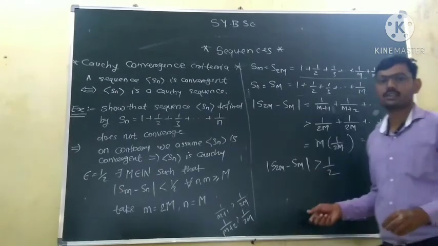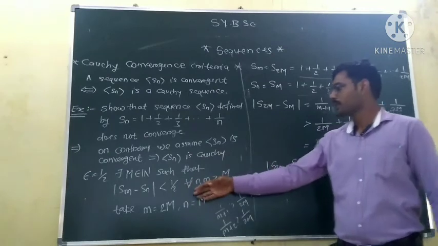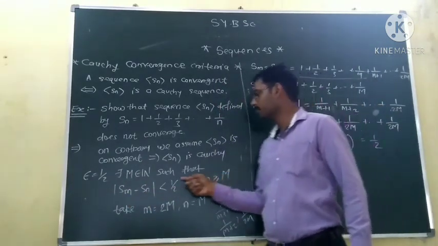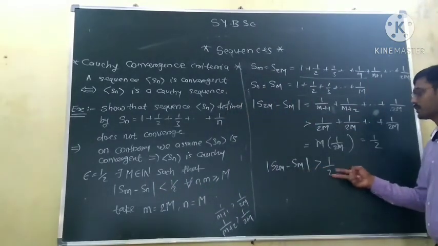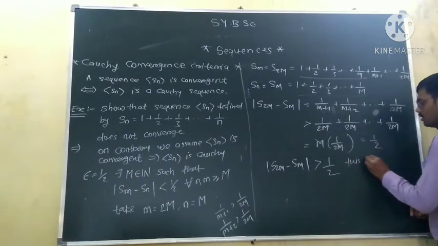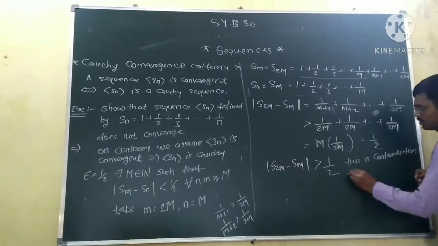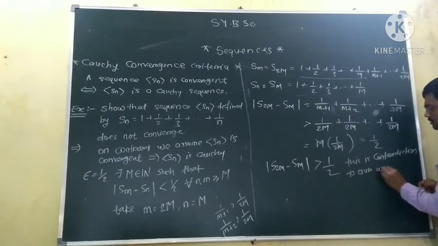But this is a contradiction to our assumption. We assumed that the difference between any two terms after n and m must be less than half, and we are getting a difference greater than half. So this is a contradiction to our assumption.